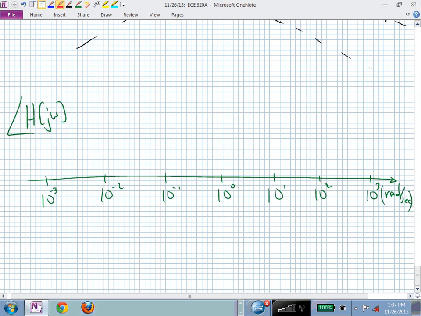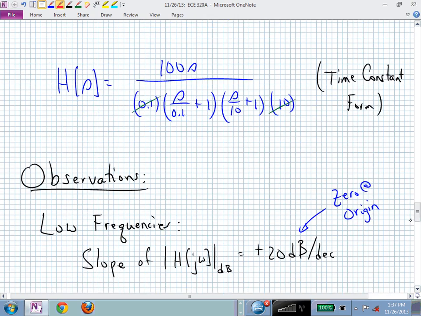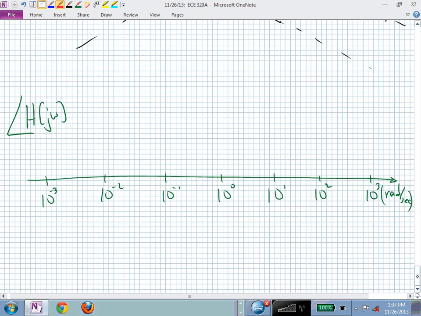So now I'm at 90 degrees, well, until what frequency? I have a pole at 0.1, I have a pole right here, and I have another pole there. But all my action occurs a decade before and after those breaks. So the phase is going to slope down a decade before, and go up right there. For the other one, maybe I should have done it in a different color, maybe this is the other pole. It's now going to go down here and up there in terms of slope.